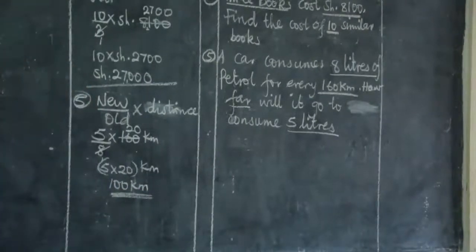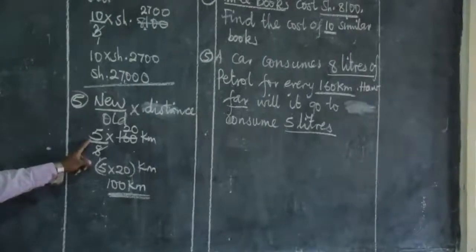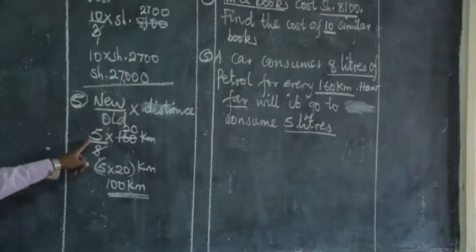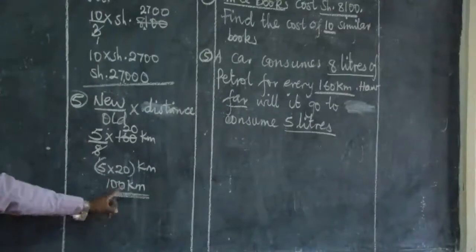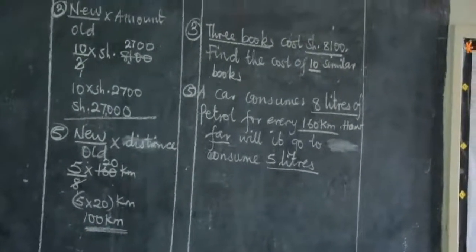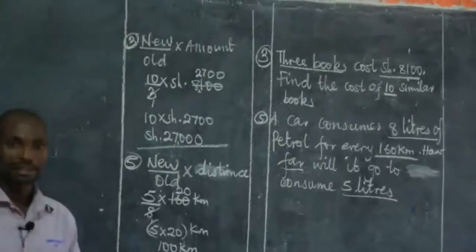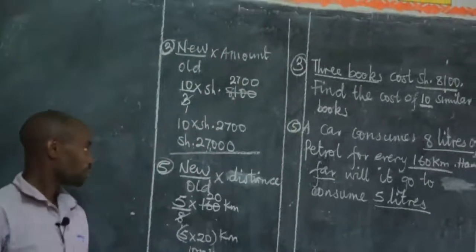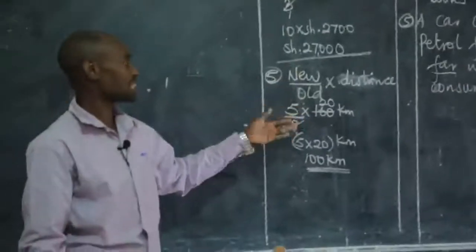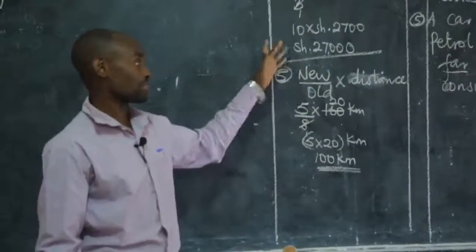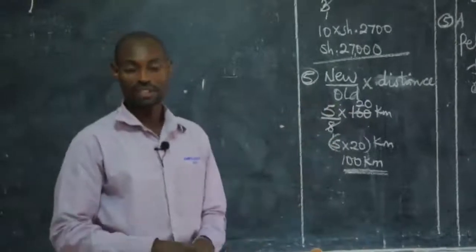Therefore, it means for the car to consume 5 liters of petrol, it must have traveled 100 kilometers. I hope you passed all the numbers, because after all, these were the only challenging numbers.